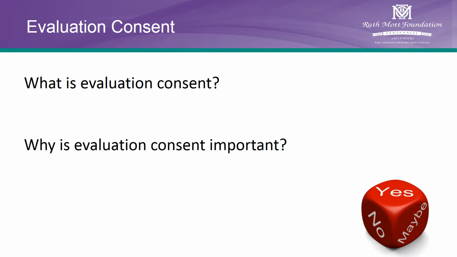With youth, if you're getting any information from anyone under the age of 18, you really need to have consent for that. I've also included 2 links to 2 other documents about evaluation and how to make sure you are gathering information in an ethical manner. So please take a look at that.